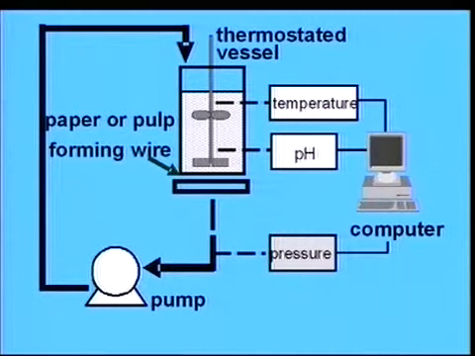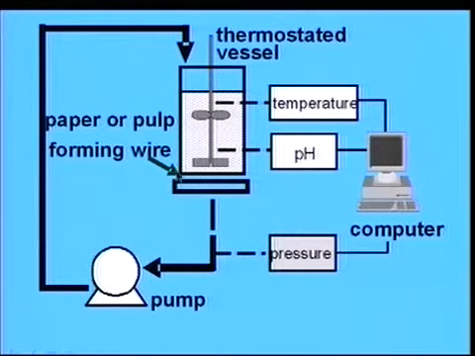Lastly, very recently, researchers at Paprican in Canada developed a method where they filter the stock through a bridge jar using a 100 mesh screen, and take that filtrate, put it in another bridge jar where you have mounted a forming wire or a paper machine wire right here, and subsequently the filtrate that comes out from this bridge jar is pumped back into the bridge jar, and this process of recirculation is continued.